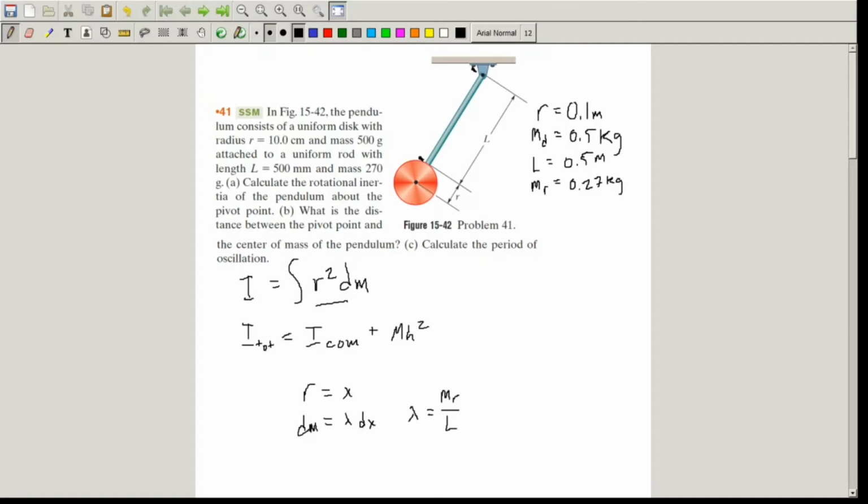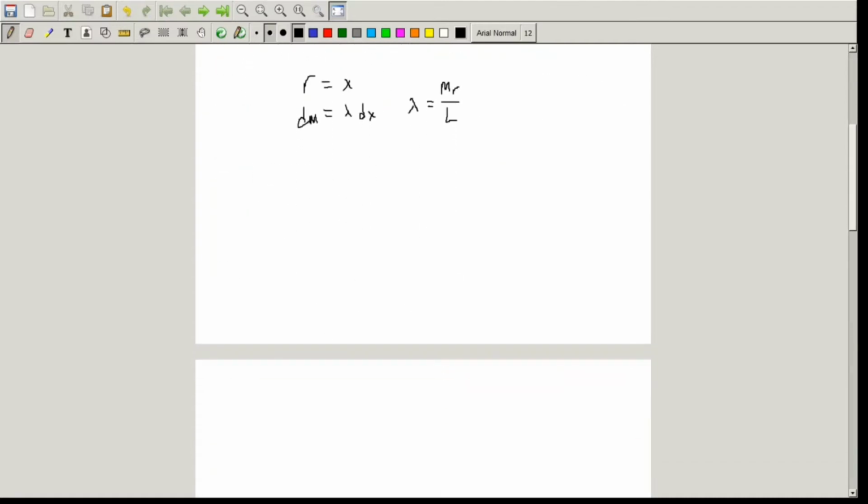So if we put all of that together into our integral, we get the integral from 0 to L of x squared times m sub r over L dx.